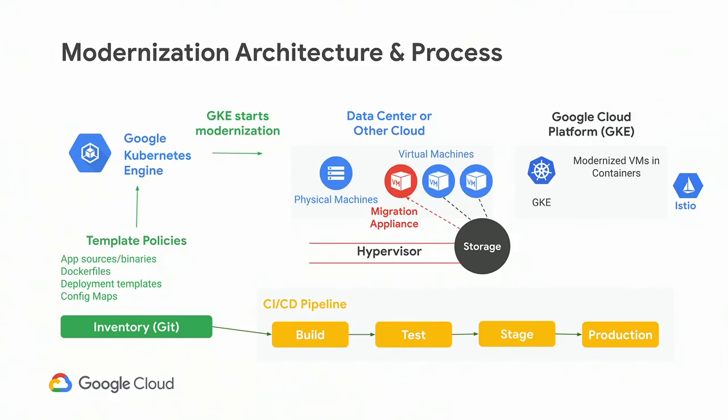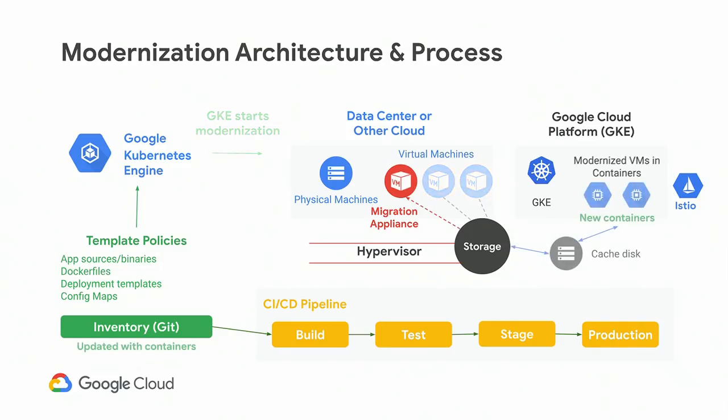There's a hypervisor stack, there's storage. This is the middle picture here. So GKE starts the modernization process with a YAML. And basically, our Anthos Migrate software moves those 2 VMs into 2 new containers on GKE, as you can see on your right-hand side here.